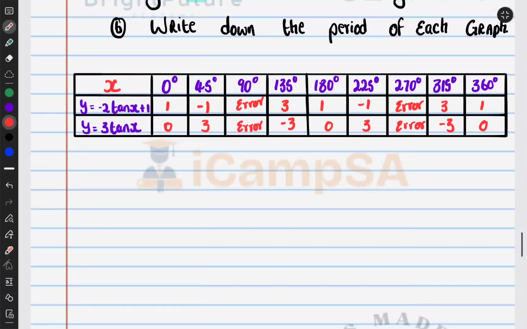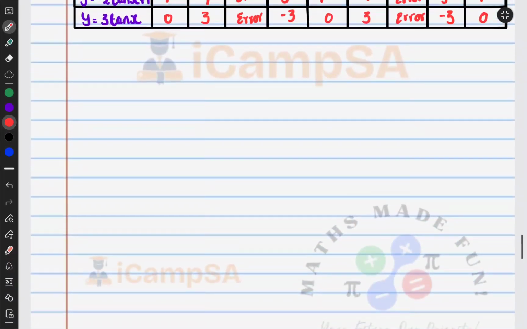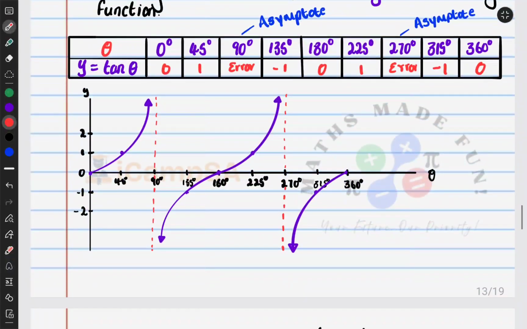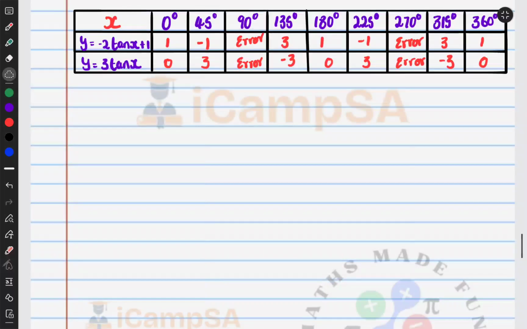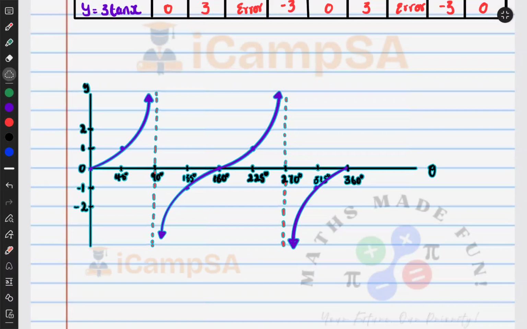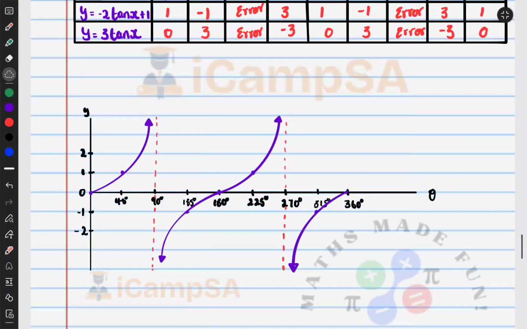Now that we have those points, we can go to our Cartesian plane. Let's take this one here and copy it a little bit lower. Here we have y versus x. I didn't have to remove the asymptotes because they are still the same.